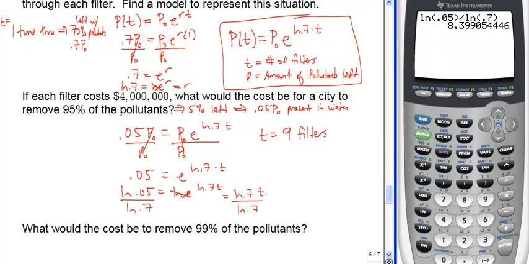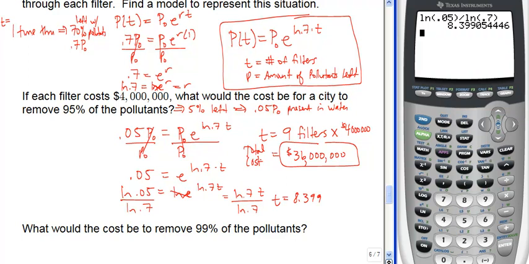So this was actually 8.399, but I'm rounding it up to 9 full filters. Each one is $4 million. So if I multiply 9 times 4 million, that's going to cost the city $36 million to have 95% clean water.